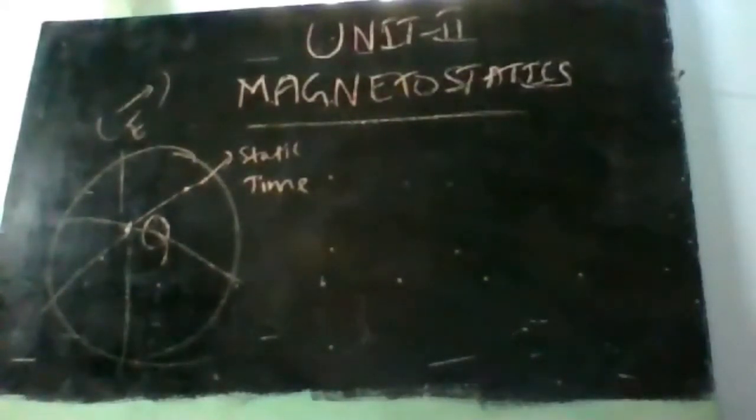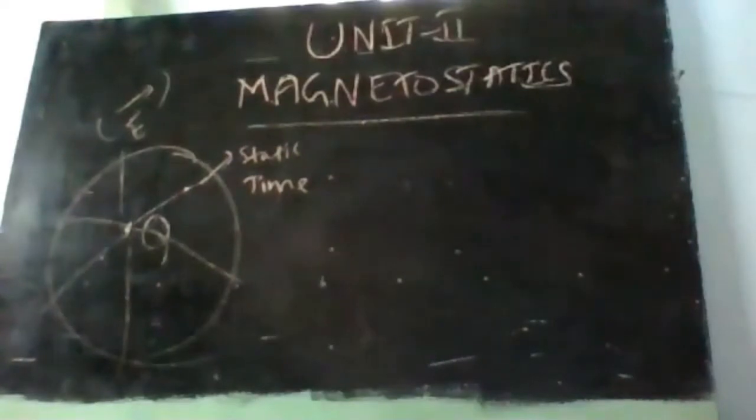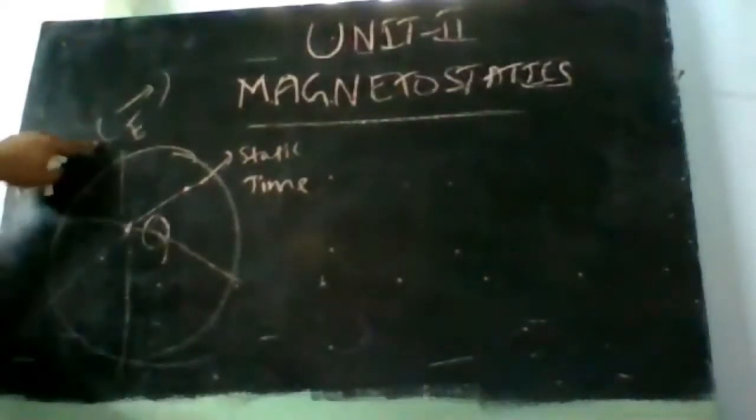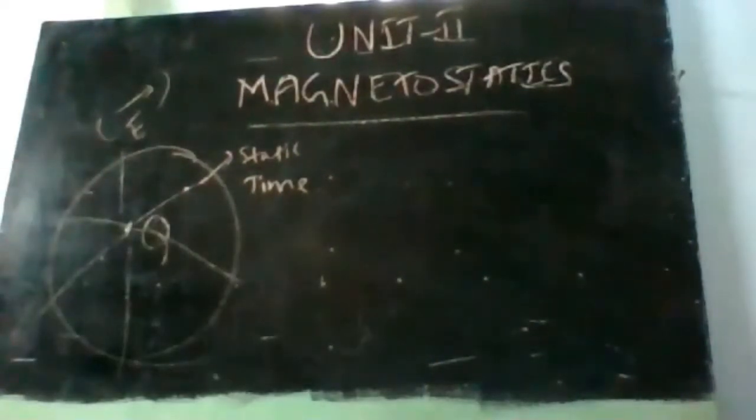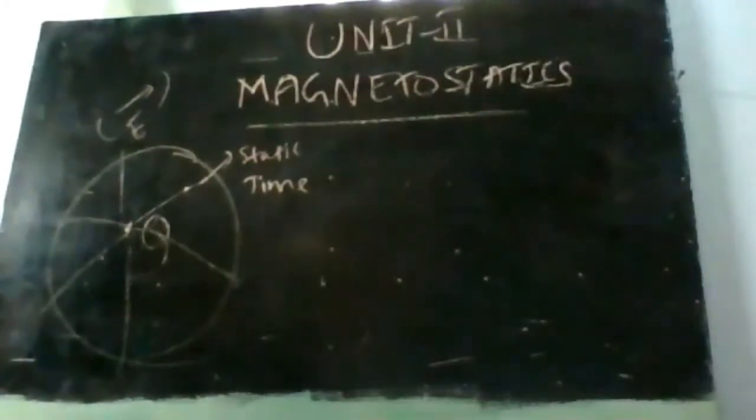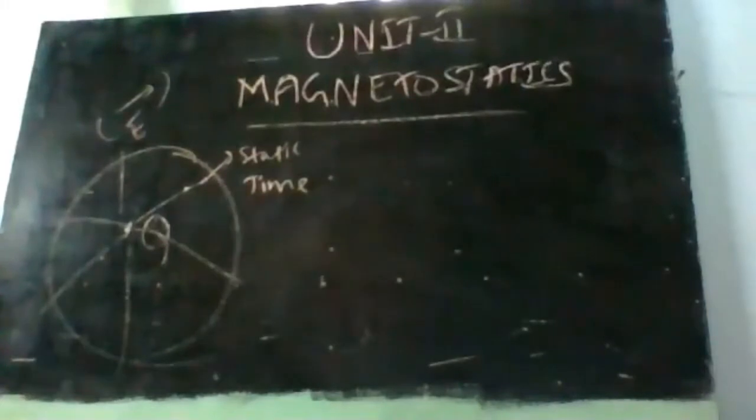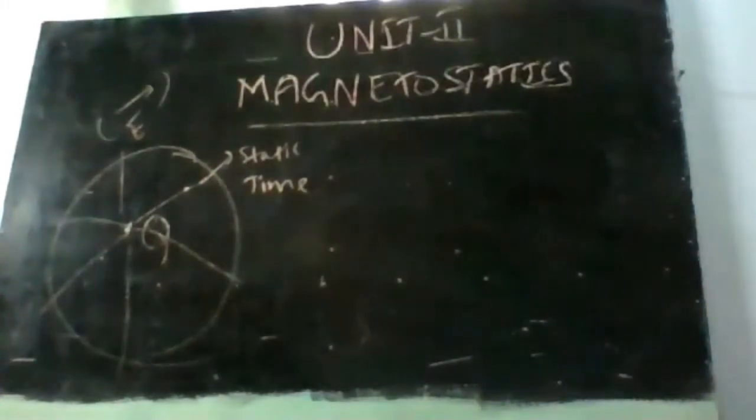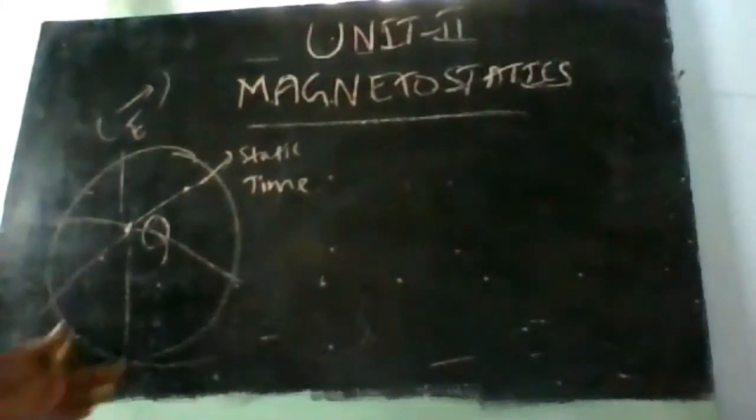Therefore, we call this a static field, and because it is of electrical nature, we call it electrostatics. We studied how to measure the intensity of this electric field at various points, and we discussed the various techniques.